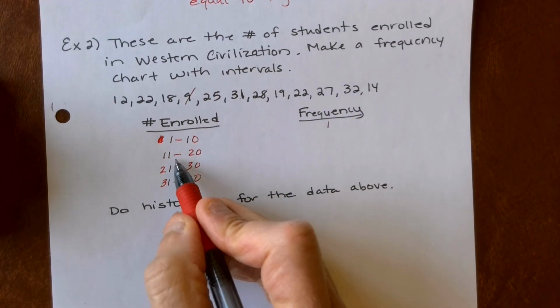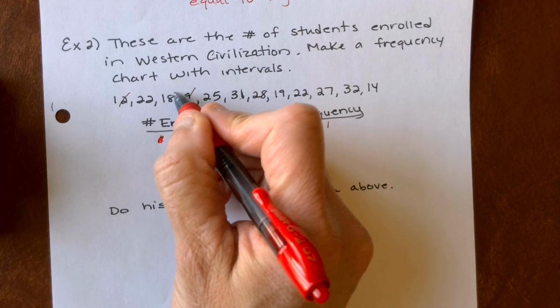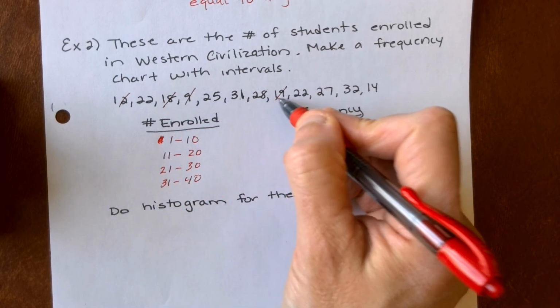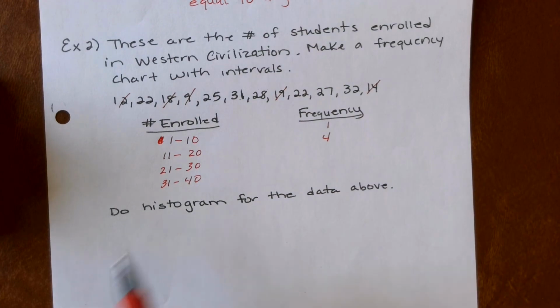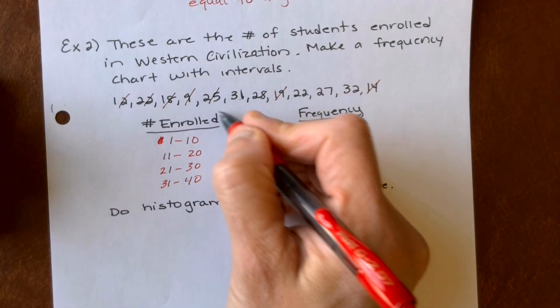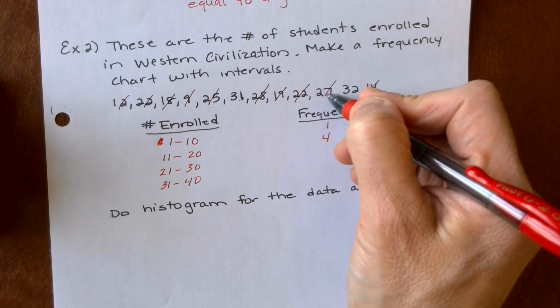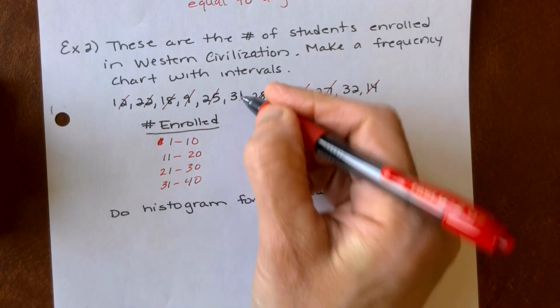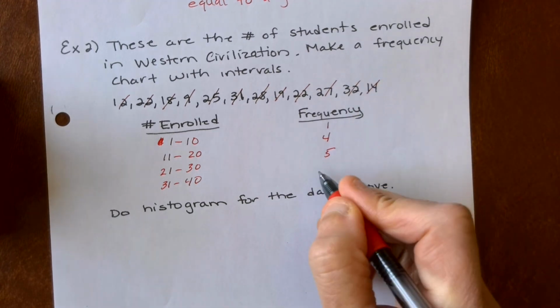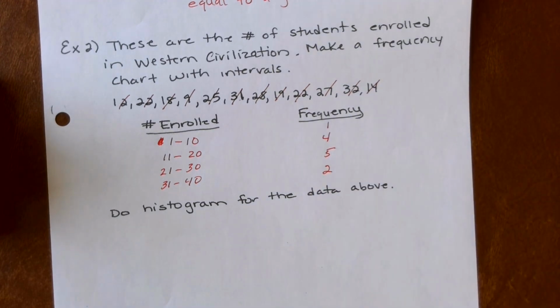How many are between 11 and 20? 1, 2, 3, 4. How many are between 21 and 30? 1, 2, 3, 4, 5. And how many are between 31 and 40? 1, 2. And we have just completed our first frequency chart.